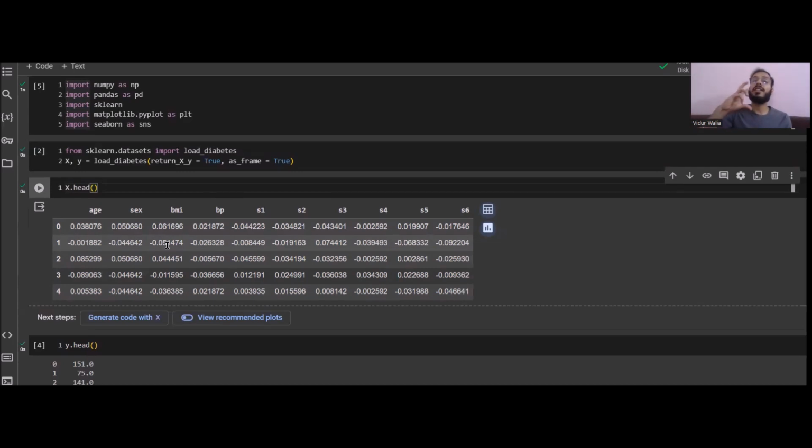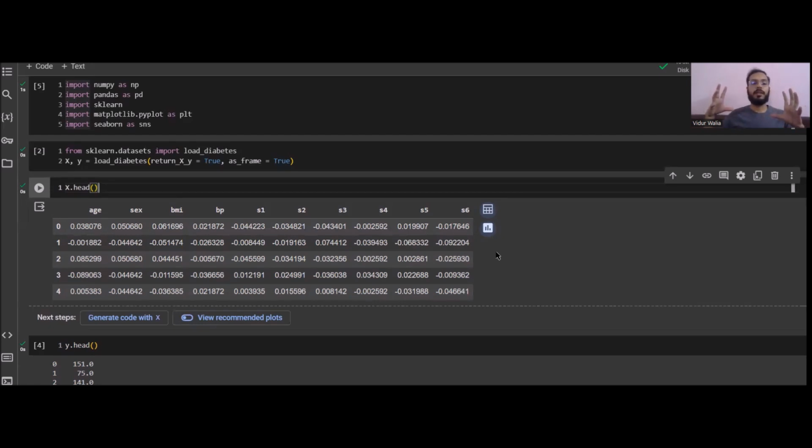Standardization means changing the scales of these values. Obviously, the age cannot be 0.03 or minus 0.001, right? So these are some kind of standardized values. What standardized values are, we might see in some other video, but you please feel free to go over Google and ask what standardization is. It's basically getting a range of values.